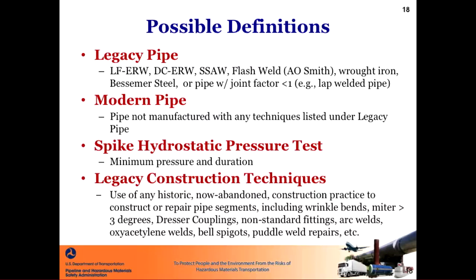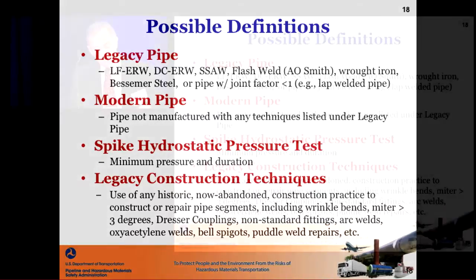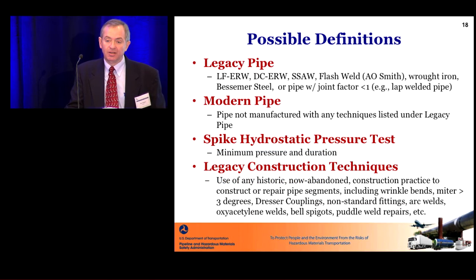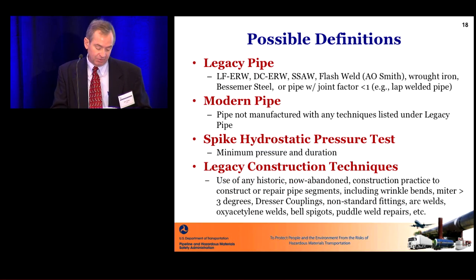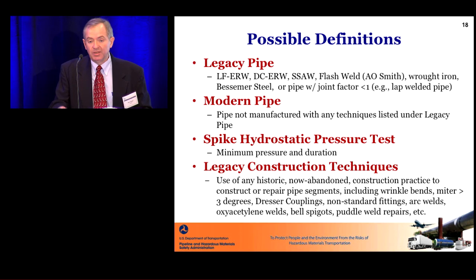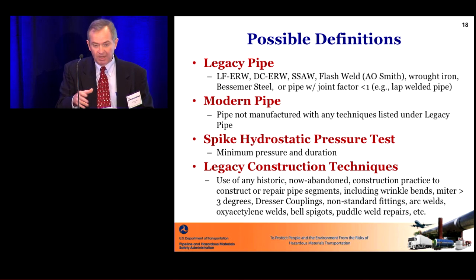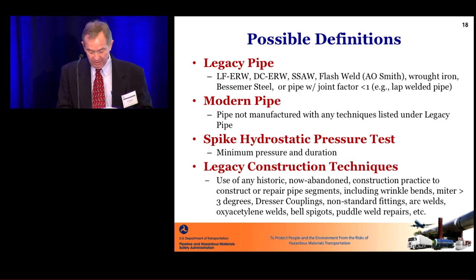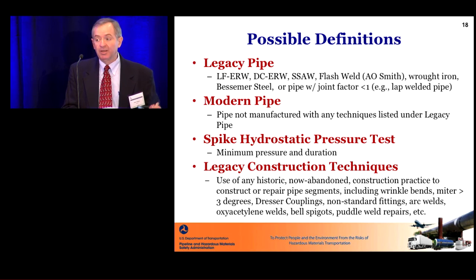Then modern pipe would be pipe that didn't have seam issues, very simple. What would a spike hydrotest be? What would legacy construction techniques be? Again, these are definitions that we've put out for gas transmission. Whether these would be the same ones for liquid, I don't know. We haven't gotten into that yet. But we would like your input on it.